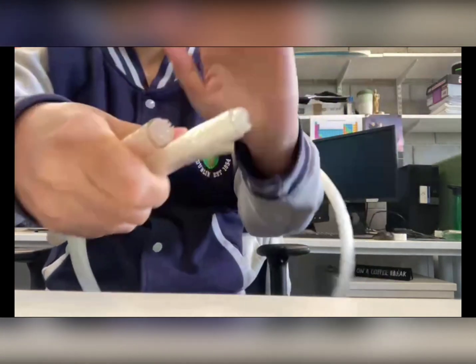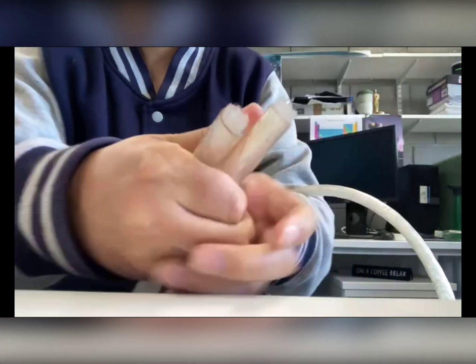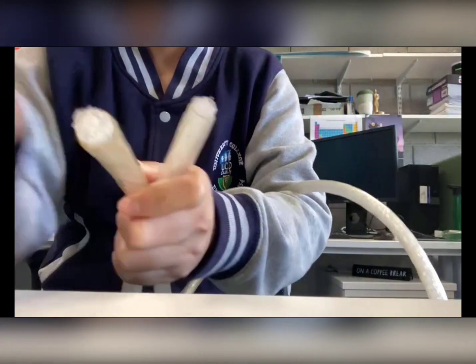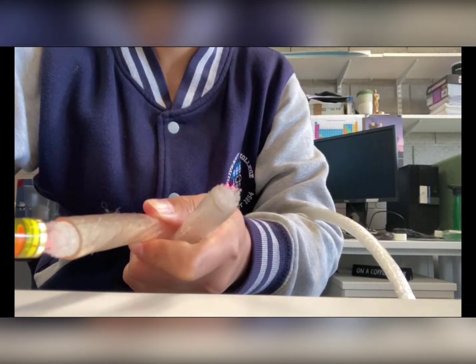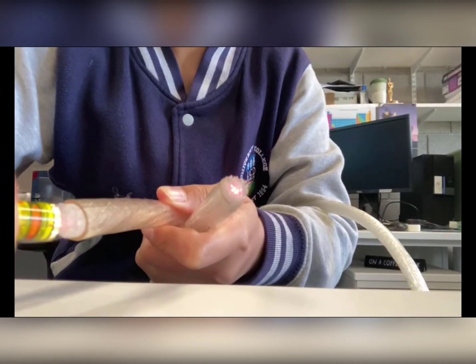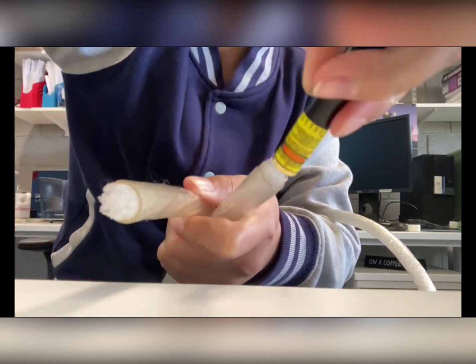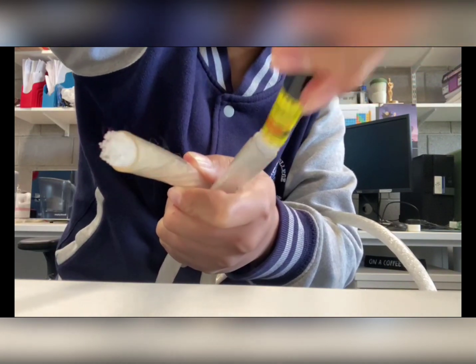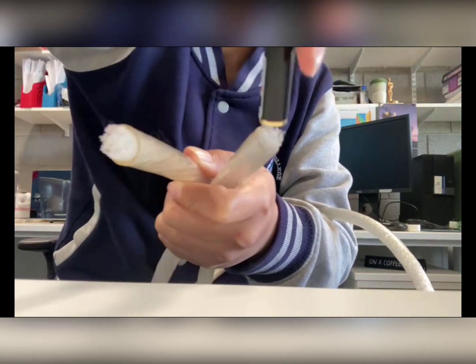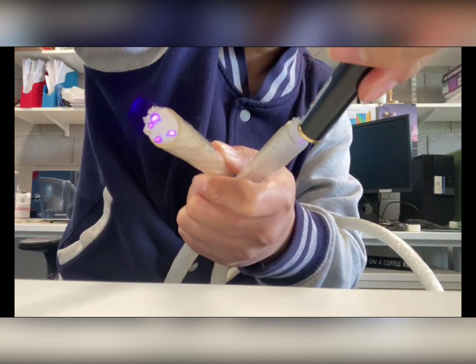Now let's see some examples. This is a group of fibers. We can see the two ends of the group of fibers. If we put a light source to one side, although the fiber is not straight, we can still see the light signal on the other side. If we change to another light source, it's the same effect.